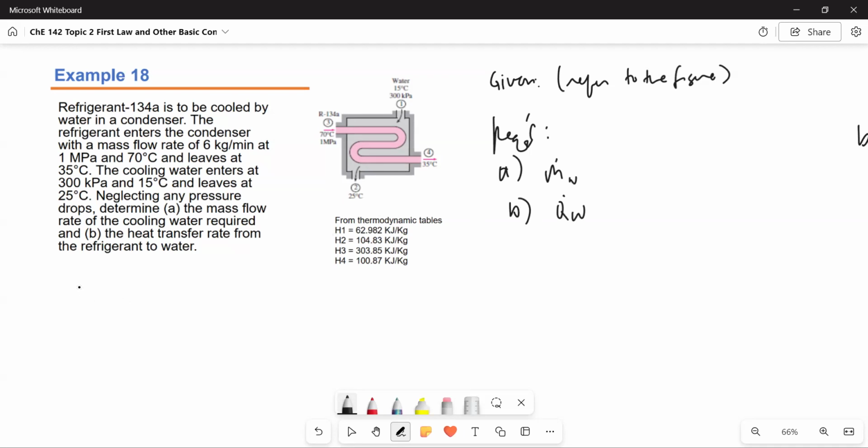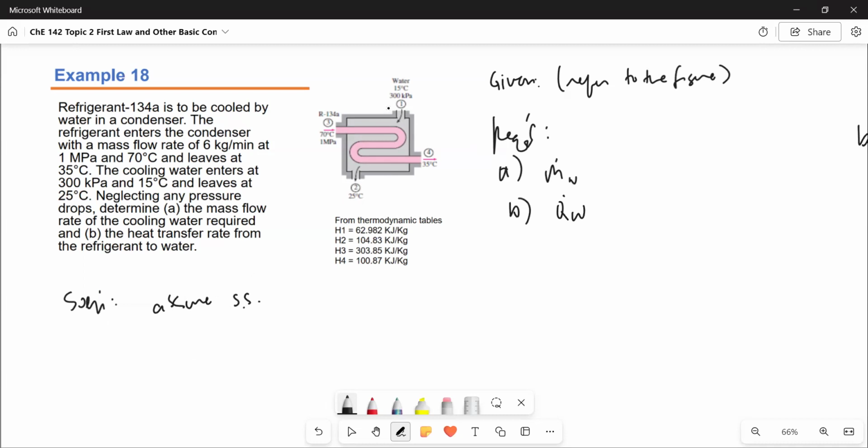For the solution, oops, let me rewrite that. Solution: assume steady state. And define the system.